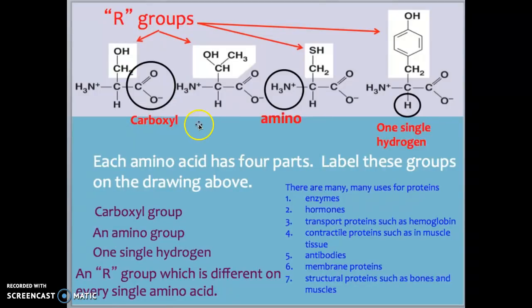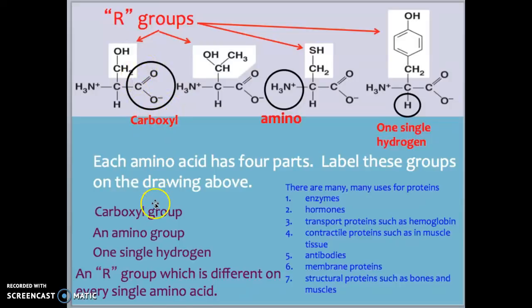The 20 different amino acids you can recognize by their structure as well. Each amino acid will have four basic parts. A carboxyl group, which you're looking at in this circle here. It has a carbon double bonded to an oxygen and then another oxygen attached here. Carboxyl groups have a negative charge.